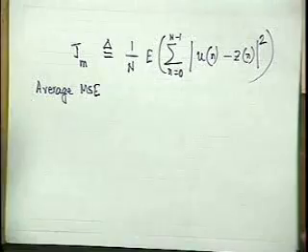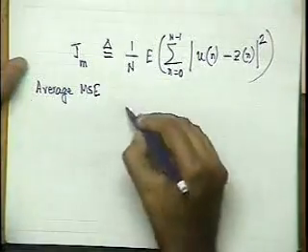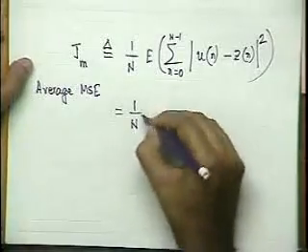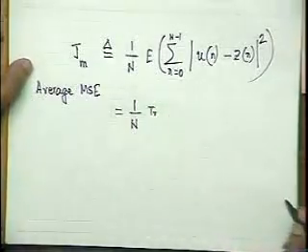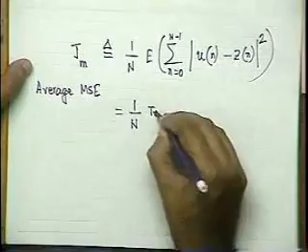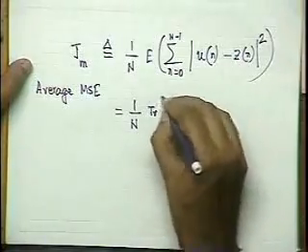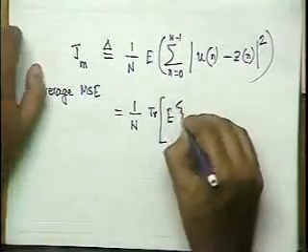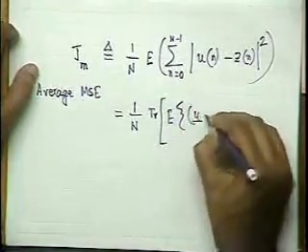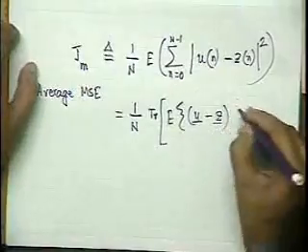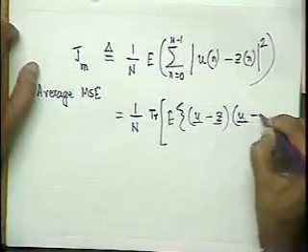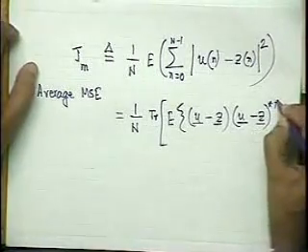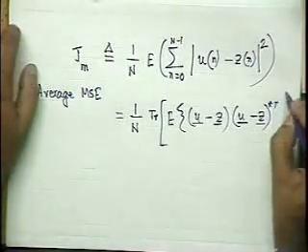In matrix form, I can write this as 1 by n times the trace of the expectation of the u vector minus z vector multiplied by the u vector minus z vector star transpose.